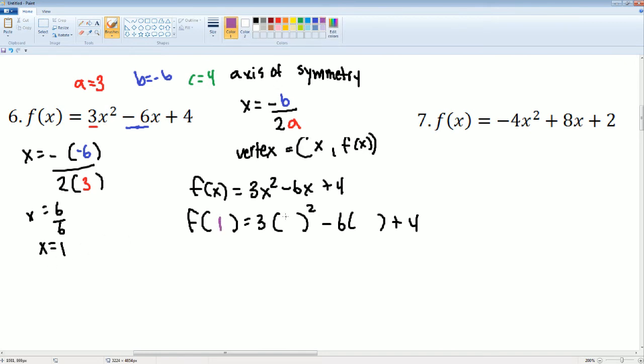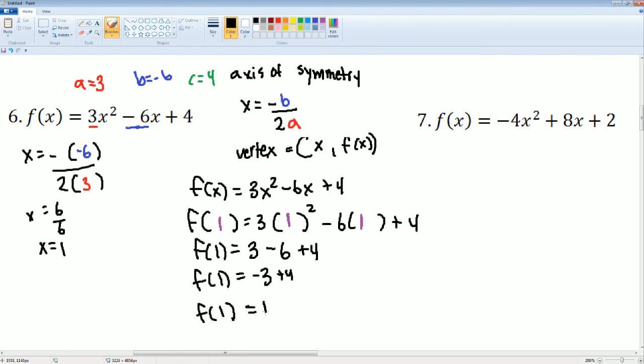Now I can simplify. f of 1 is equal to 3 times 1 squared, which is 3, minus 6 plus 4. 3 minus 6 is -3, plus 4. So f of 1 should be equal to 1.